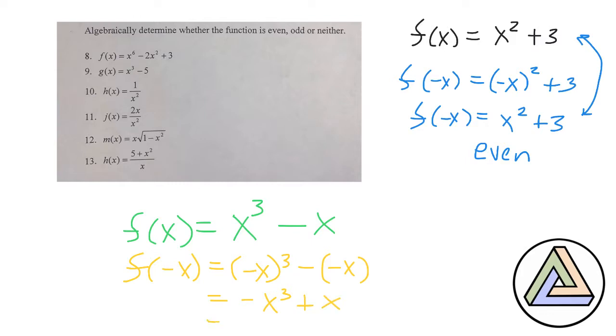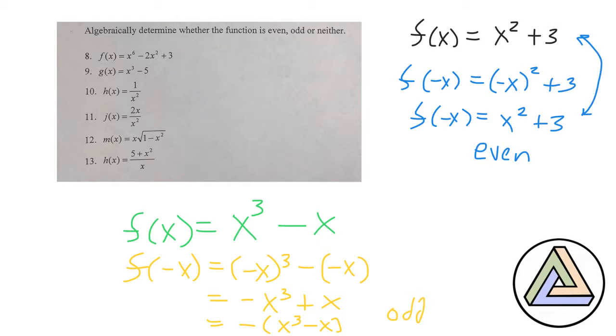And if you think about it, that's really negative parentheses x cubed minus x, right? Because I could factor out a negative 1 from here and from there, and I would end up with negative x cubed minus x. Well, here's x cubed minus x. Here's negative x cubed minus x. So if you plug in negative x and you go through the motions and you end up with the negative version of this, then it's odd.